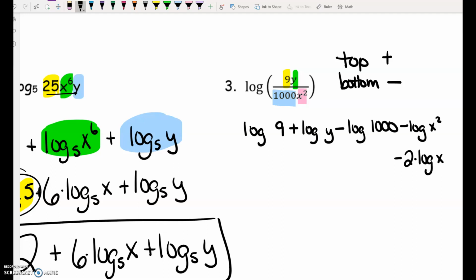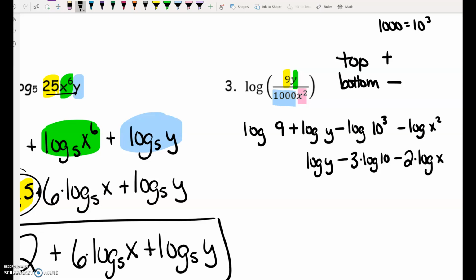Again, they're doing this thing with the 1,000. And the tricky thing about this is that you have to recognize that 1,000 is the same as 10 to the third. So this is the log of 10 to the third. So this is minus 3 times the log of 10.